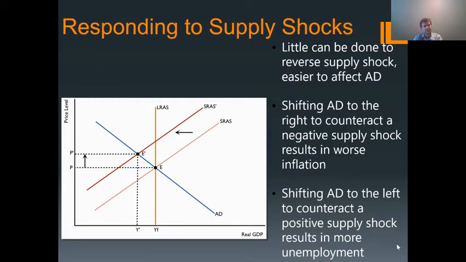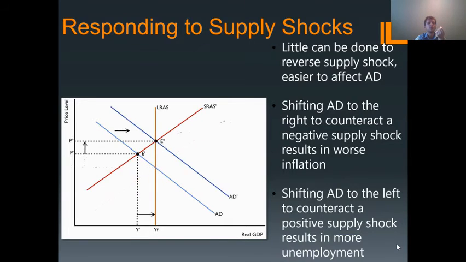So we have increasing price level, so increasing inflation and increasing unemployment, as shown by our decreasing real GDP. If you shift aggregate demand to the right to try to counteract that, as a Keynesian would say, well, then what you're doing is you're causing more inflation.